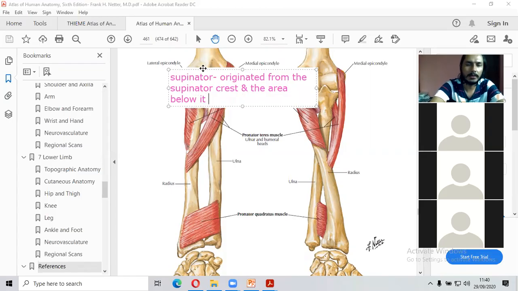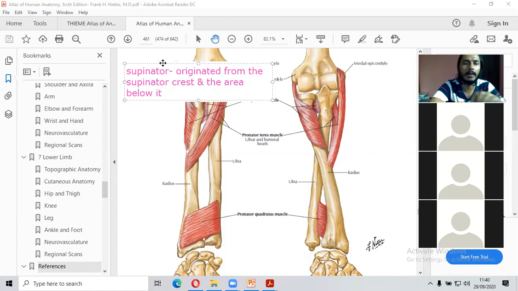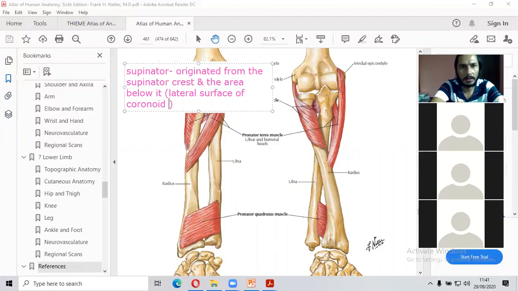Okay. That is actually on the lateral surface. That lies on the lateral surface of the coronoid process. Okay, just you remember this thing.